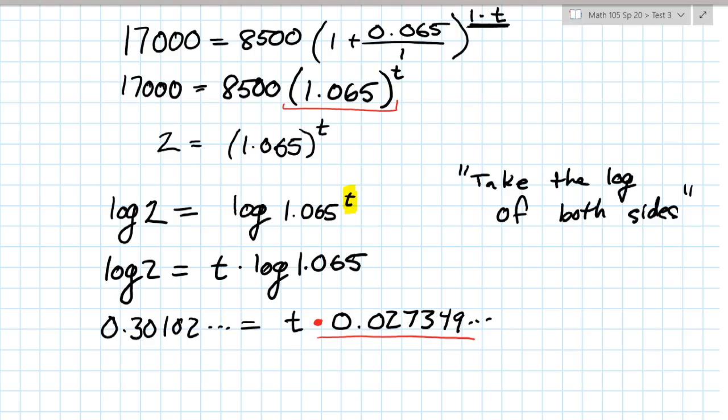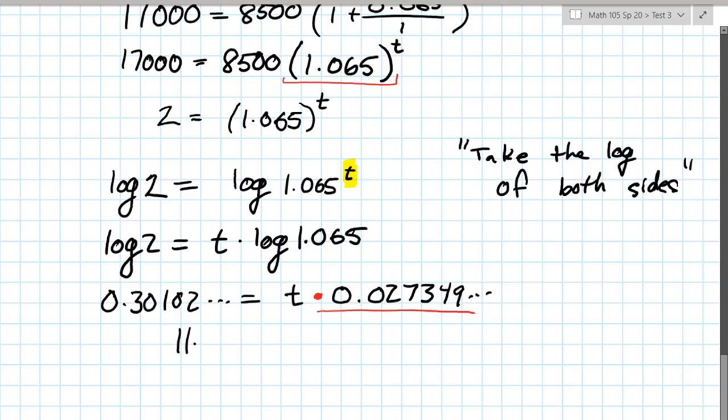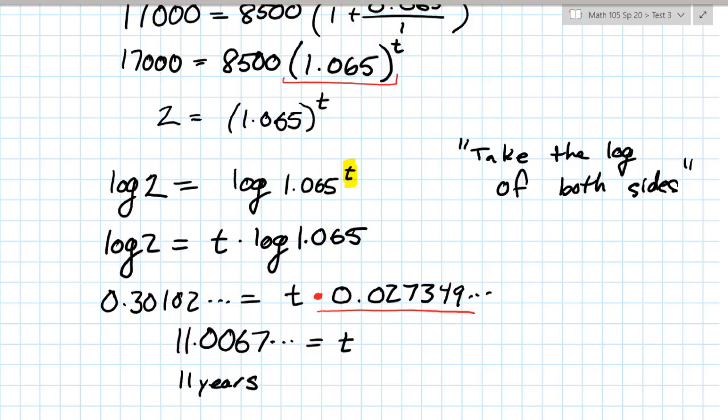So we'll take that 0.30102 divided by 0.027349, and what we get is 11.0067 and more decimal places equals t, which to me looks a lot like 11 years. What that means is that it's going to take 11 years for our investment to double.